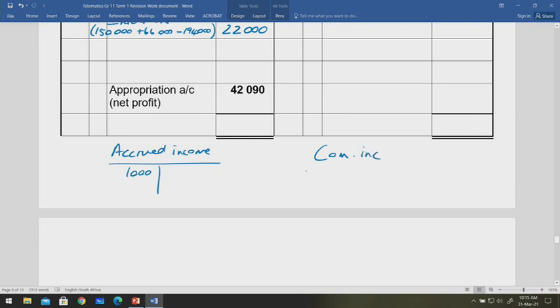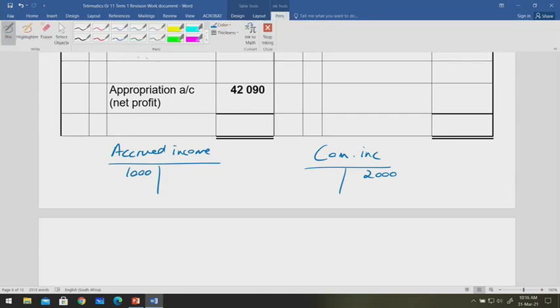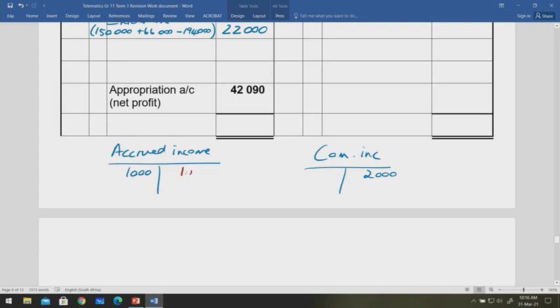Commission income on the pre-adjustment trial balance shows the commission income as 2,000. So now to get rid of this one, we must credit accrued income and we must debit commission income.